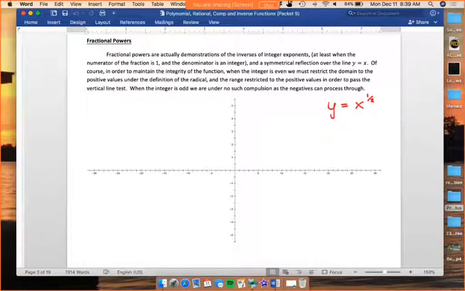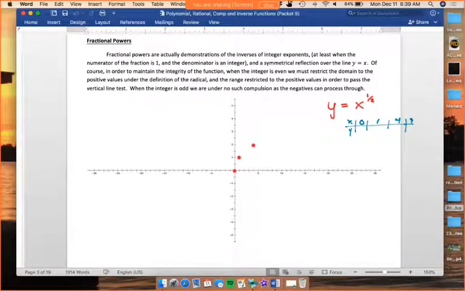You can approach it directly by looking at it point by point. If x is 0, y is 0, because the square root of 0 is 0. If x is 1, y is 1. If x is 4, y is 2. When I'm graphing the square root function, I only put in numbers that are perfect squares.